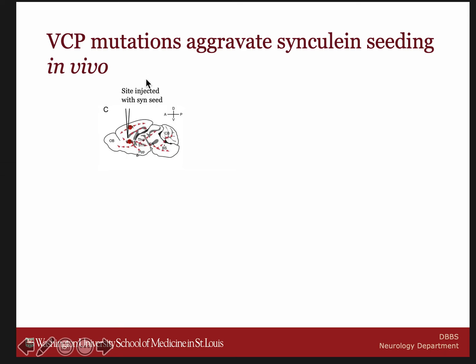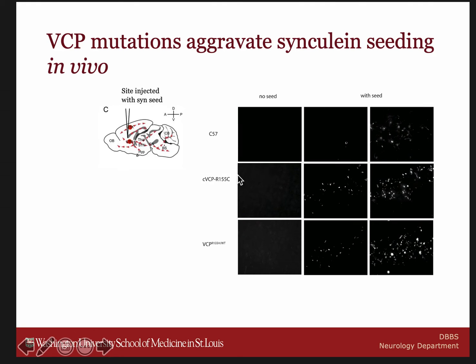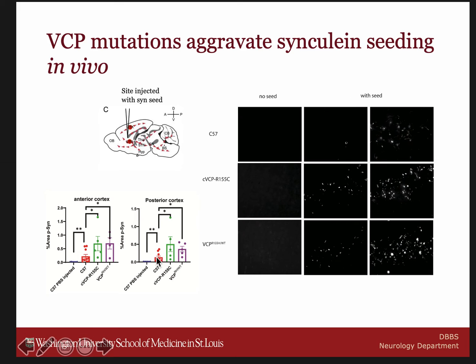We injected alpha-synuclein seeds into the skulls of the VCP mutation mice and the wild-type controls, and we found that, similar to what we've seen in the different cell models, two different VCP disease mutation mouse models generate more alpha-synuclein aggregates compared with the controls in different areas, including the cortex.